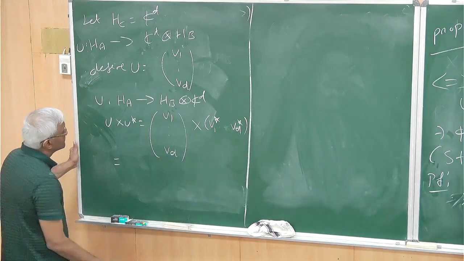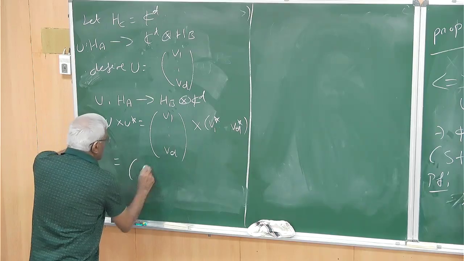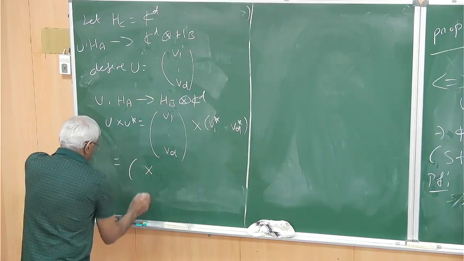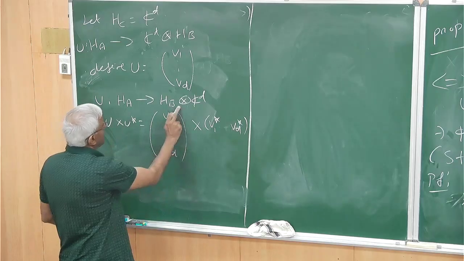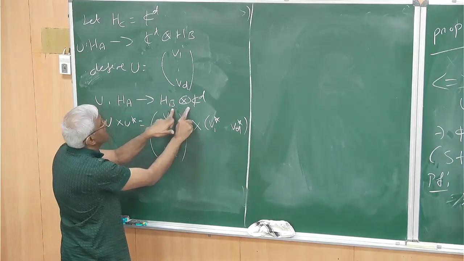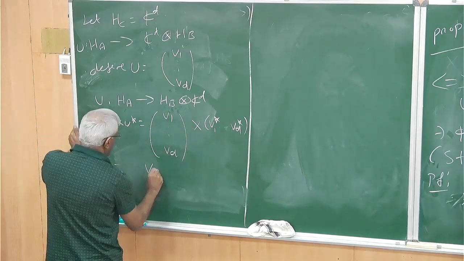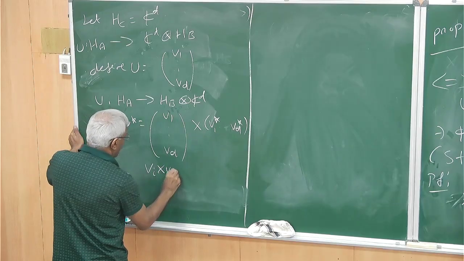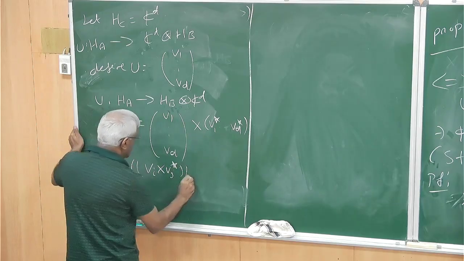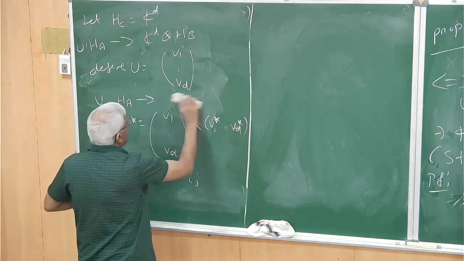Now this is just going to be this matrix X in this space. U star will bring it here, then it goes here. So it will be like this: V_i X V_j star, with i, j.